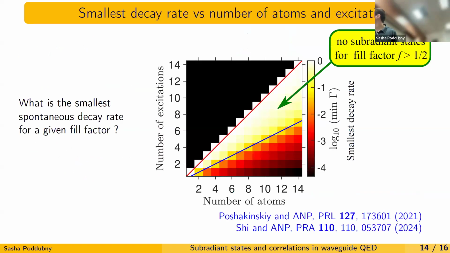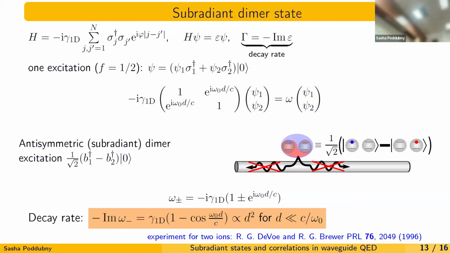So if you increase the distance between atoms, you get less destructive interference, so your spontaneous emission becomes faster. So nearest neighbor dimers have the longest lifetime.